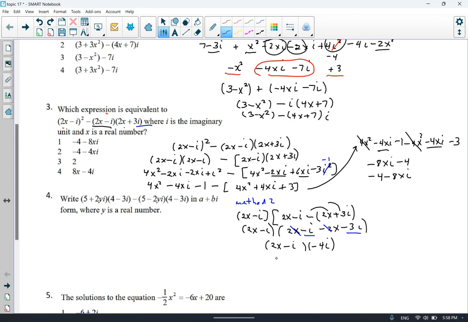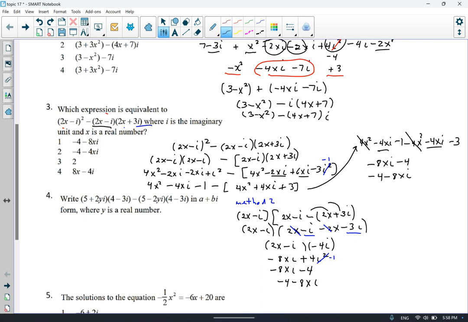And now you can distribute to get negative 8xi plus 4i squared. Okay, so that's negative 8xi minus, because I squared we know is negative 1, right? And now you're multiplying the 4 times negative 1 to get negative 4.